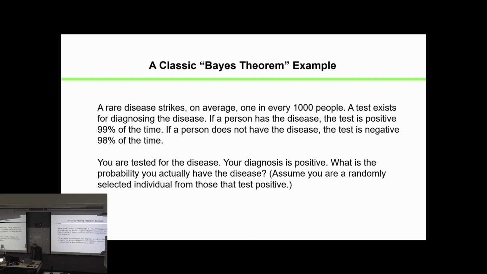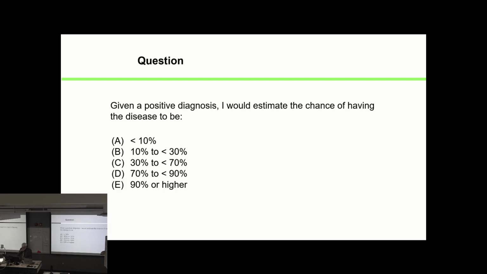Your diagnosis is positive. What's the probability you actually have the disease? And assume you're a randomly selected individual from those that test positive. There's reasons why we have to make that assumption. And we've gone through this as a mathematized exercise to estimate the chance of you actually having the disease.